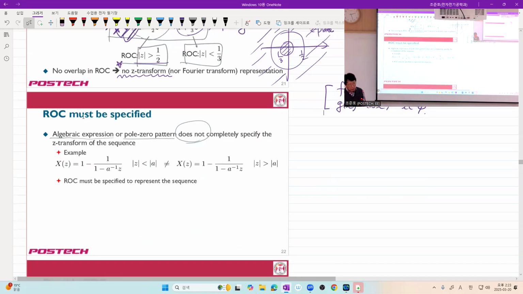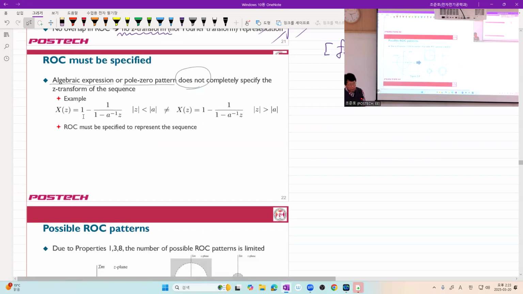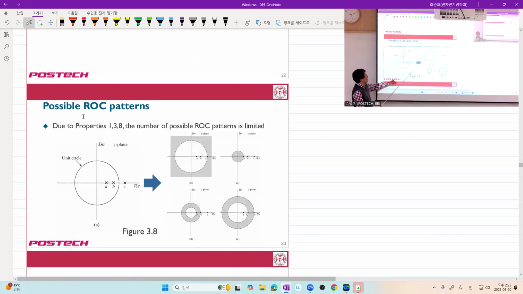And now here goes some example. Okay. Suppose you have a pole zero diagram like this. So there are 3 poles and you have a unit circle so that you can see that, hey, 3 real positive poles, with values less than 1 and greater than 1.